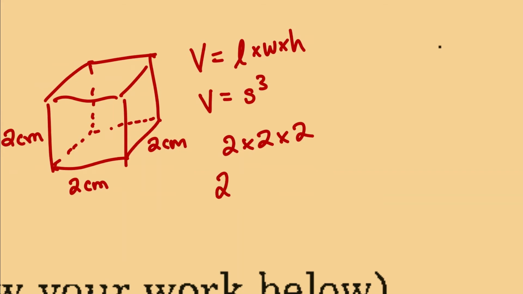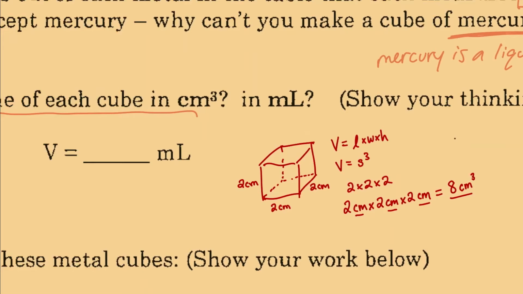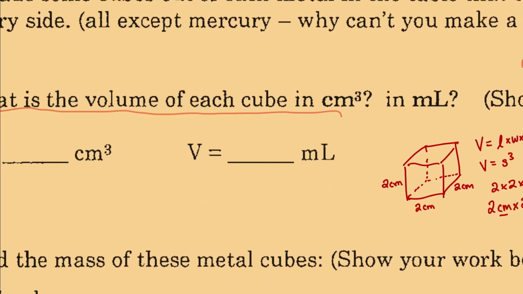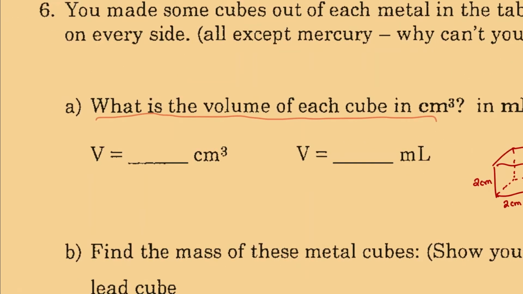Just to be clear, that is 2 centimeters times 2 centimeters times 2 centimeters. That's how we find the volume here. Well, I know that 2 times 2 times 2 is 8. I need to figure out my unit here. Well, I have centimeters there, and centimeters there. They're all being multiplied together, so I'm going to write centimeters cubed. And that matches the unit that they're asking for, right? They want to know the volume of each cube in cubic centimeters. That's 8 cubic centimeters. That's the number I'm going to put here.